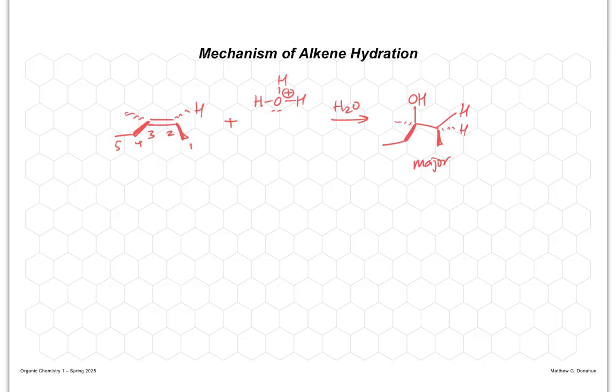If the pi bond is abstracting a hydrogen, that can be either bonded to carbon 2 or carbon 3. So you have a choice. You have to evaluate each choice, because at that point it's going to form a carbocation.